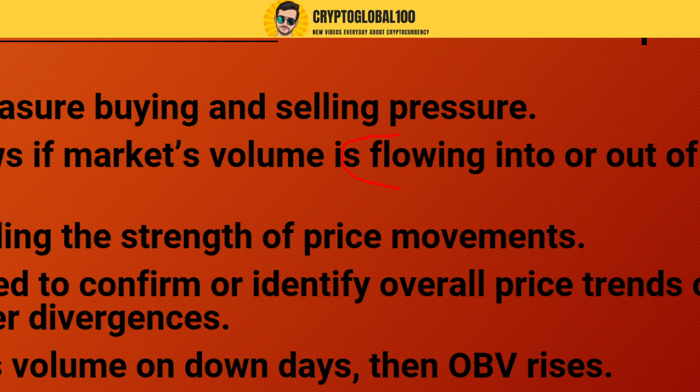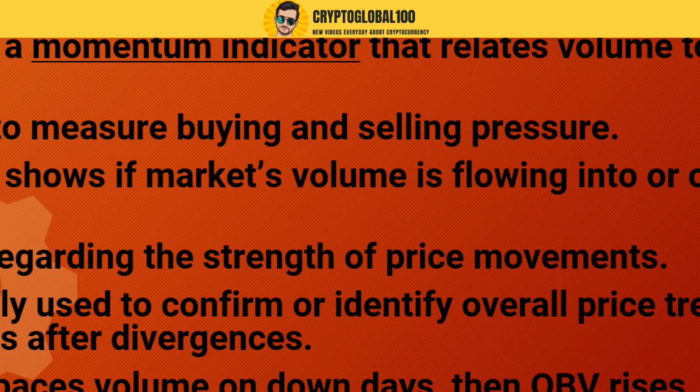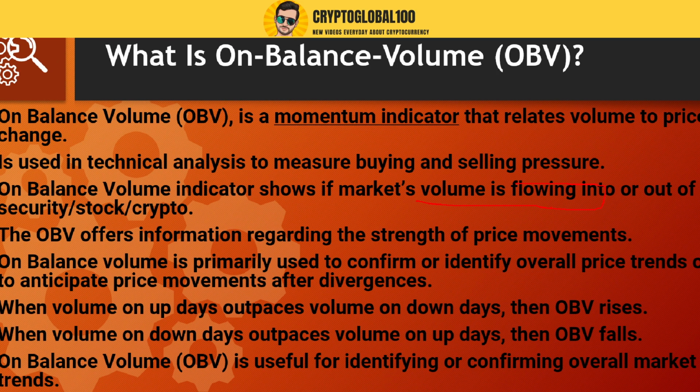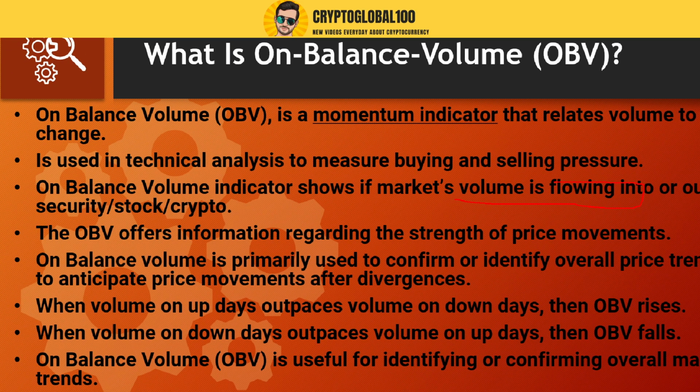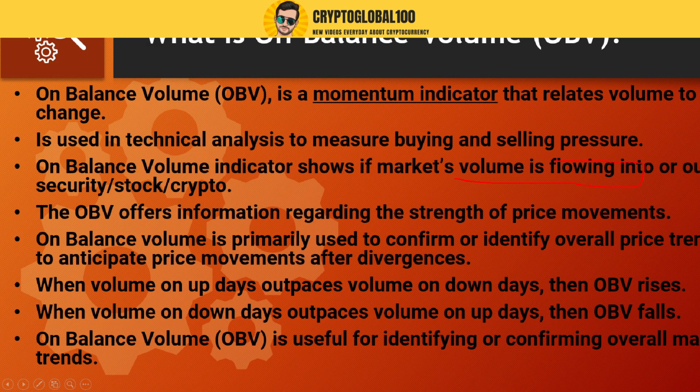Most of the times we see the price pumps because of a huge volume increase. So this indicator shows if the volume is flowing into the asset or out of the asset. It is extremely important. Most of the guys get stuck in the pumps, and why? Because whales take out the volume and then they get stuck and the price never reaches that point again. That's why it's extremely important.